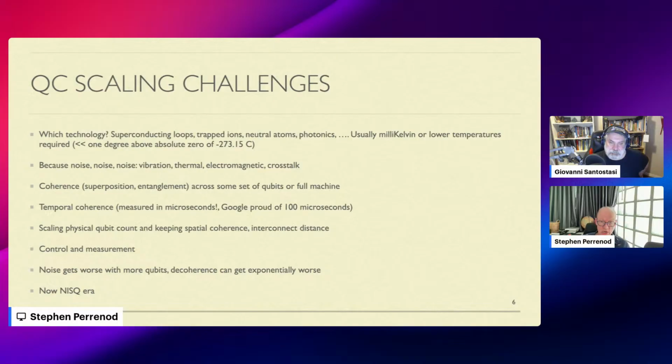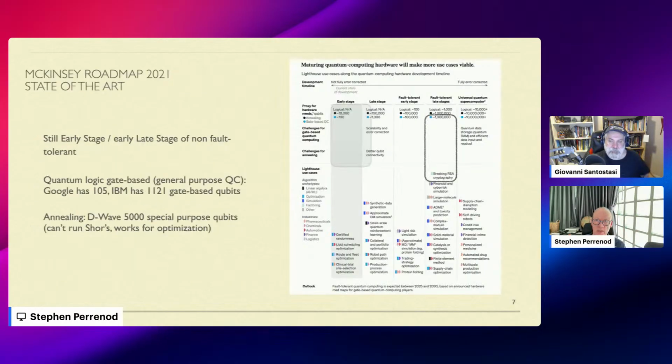Then you have the control and measurement problem. And then as you add qubits, typically noise degrades. It gets worse proportionally, and decoherence can get exponentially worse. So this is what they've been fighting for. And we've been in what's called the NISQ, or noisy intermediate scale quantum, era.